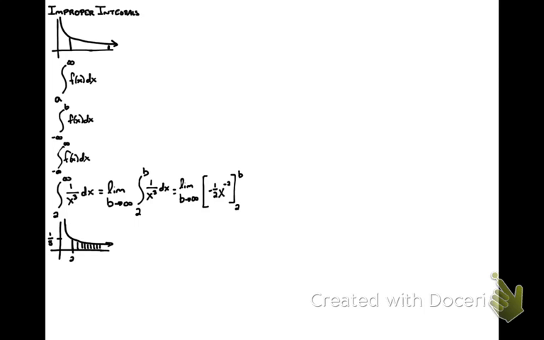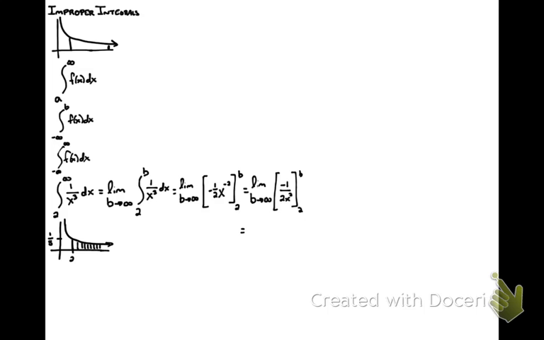I'm going to clean this up for substitution purposes. So this is the limit as b goes to infinity of negative 1 over 2x squared from 2 to b.